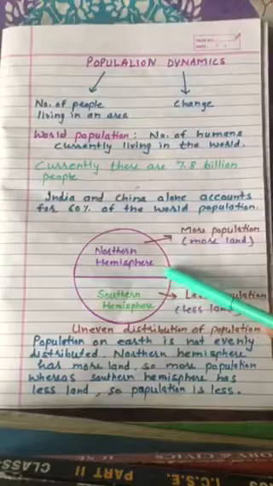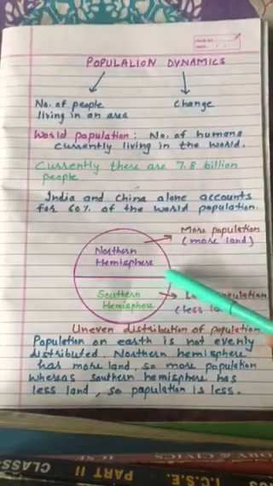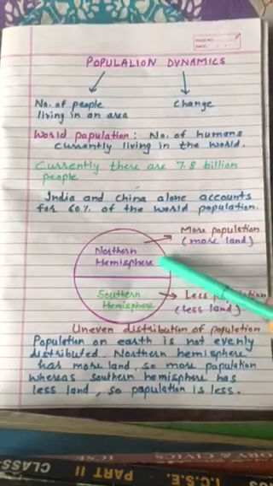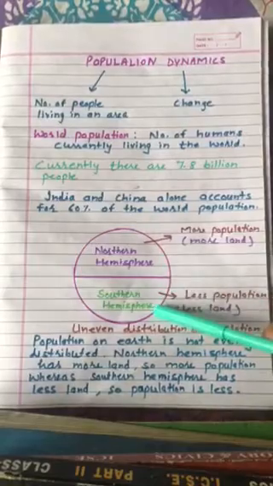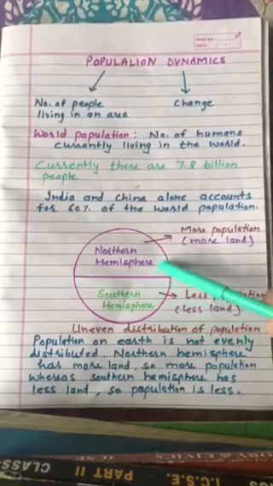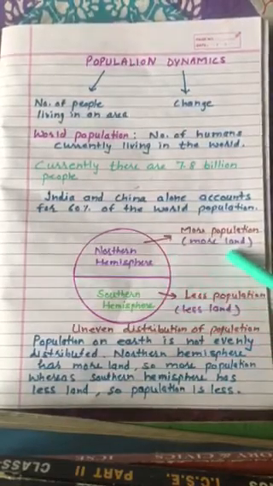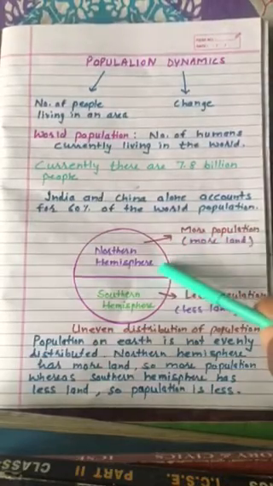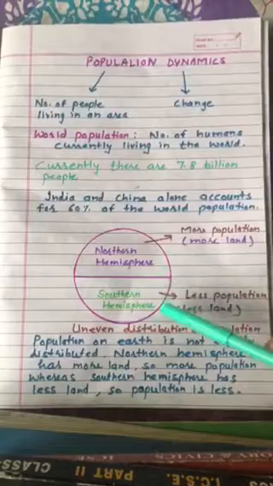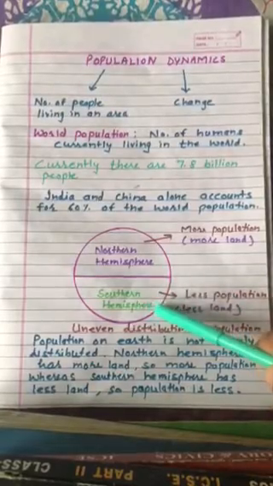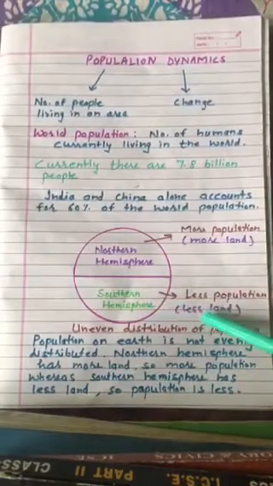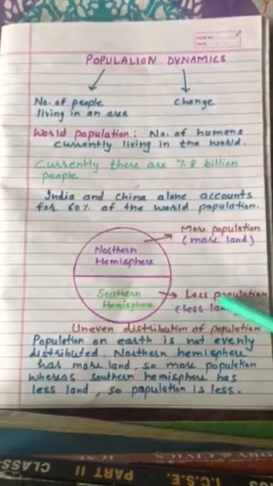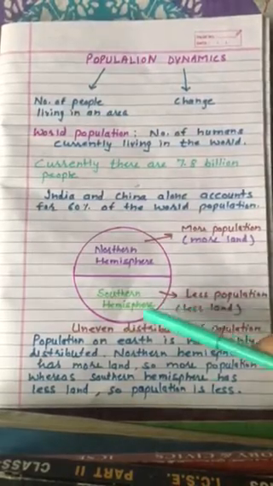You can see in this figure that earth is divided into two hemispheres, northern hemisphere and southern hemisphere. Northern hemisphere has more land, so the population is also more in the northern hemisphere. On the other hand, southern hemisphere has less land, so there is less population in the southern hemisphere.